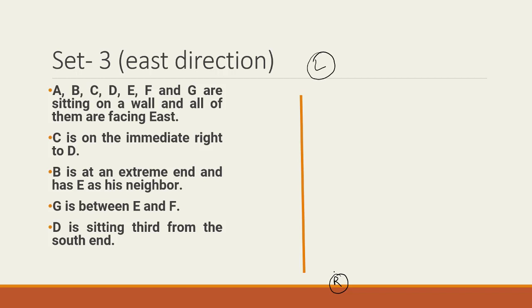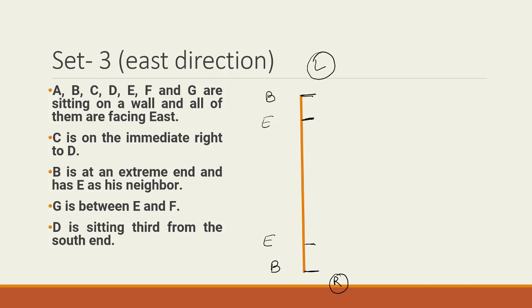B is at an extreme end and has E as his neighbor. So this gives me two possibilities that either B is here or B is here and has E as his neighbor. So that means right after B, either I should have E here or I should have E here. These are the two possibilities right now.